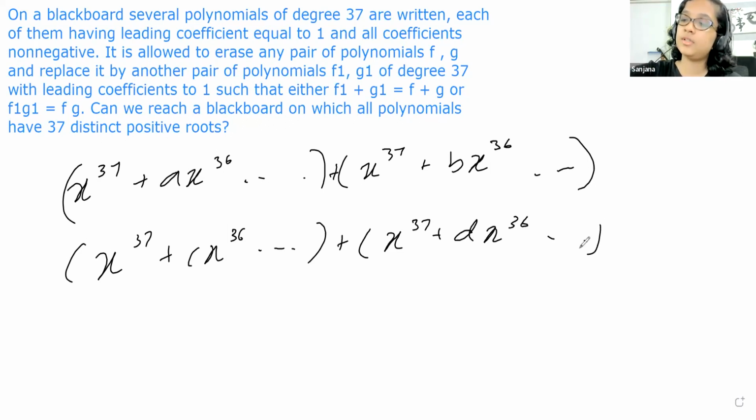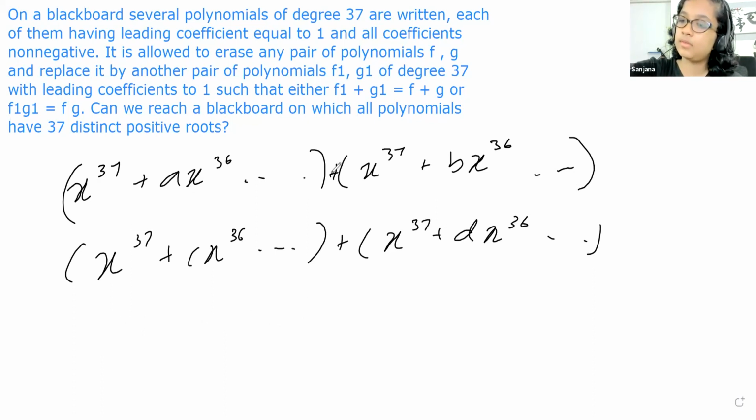Here, obviously the x to the power 36 coefficient is a plus b, but it's also equal to c plus d. If you're adding, they obviously have to be equal.